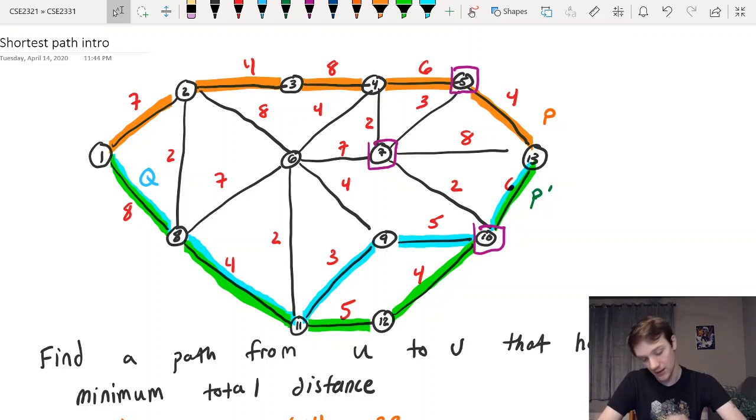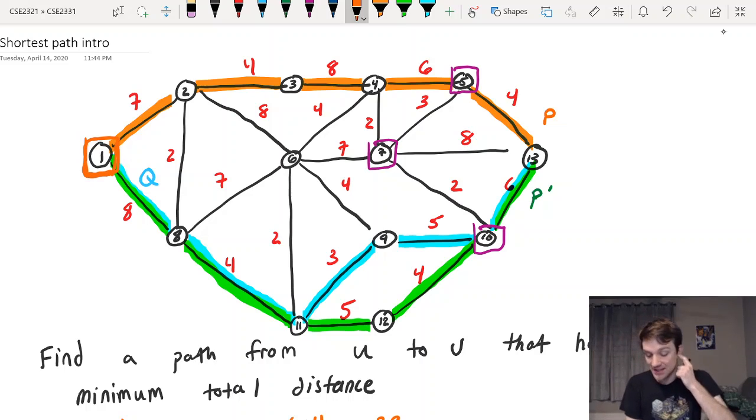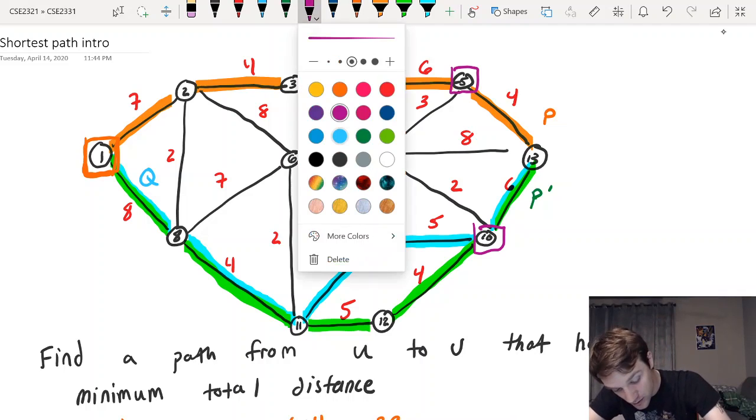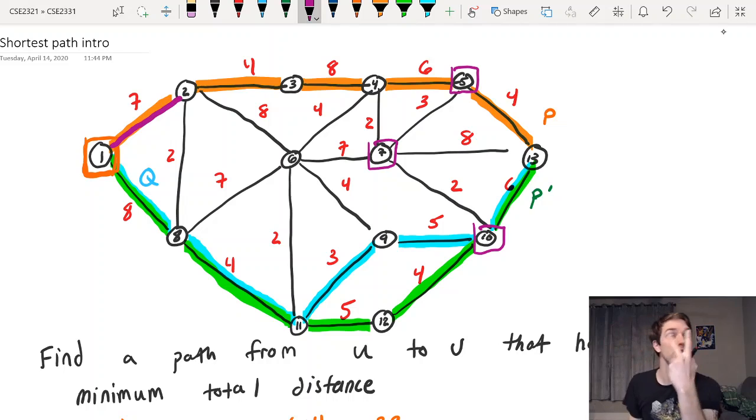We're going to find, from the starting node, I'll box it in orange, what is the shortest path I could take to any node? The shortest path I could take to any node would be this path up here, because there's only two choices I could make. I could either go to node 2 or to node 8. There is no other option.